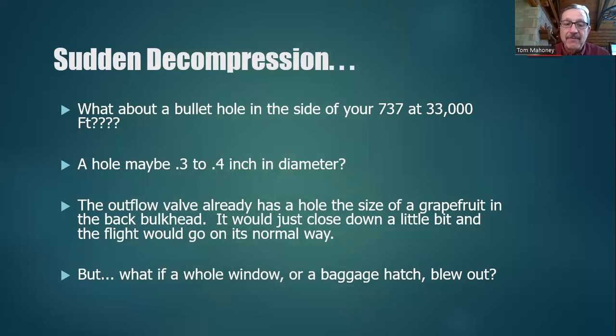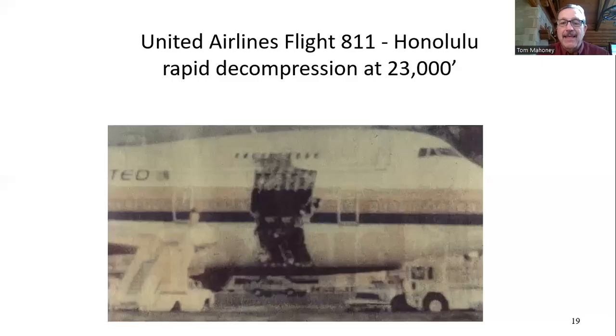But what if the whole window or baggage hatch blew out? That might be a different story. And that's what it would look like. So as you can see on this 747, right down in this area, that's where some seats were. Those seats are no longer there. Those people are no longer there. This was a little more catastrophic.